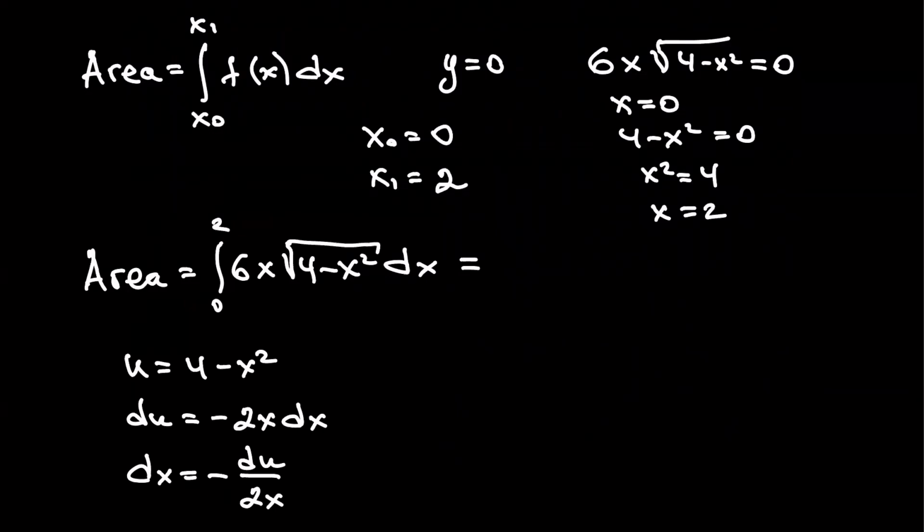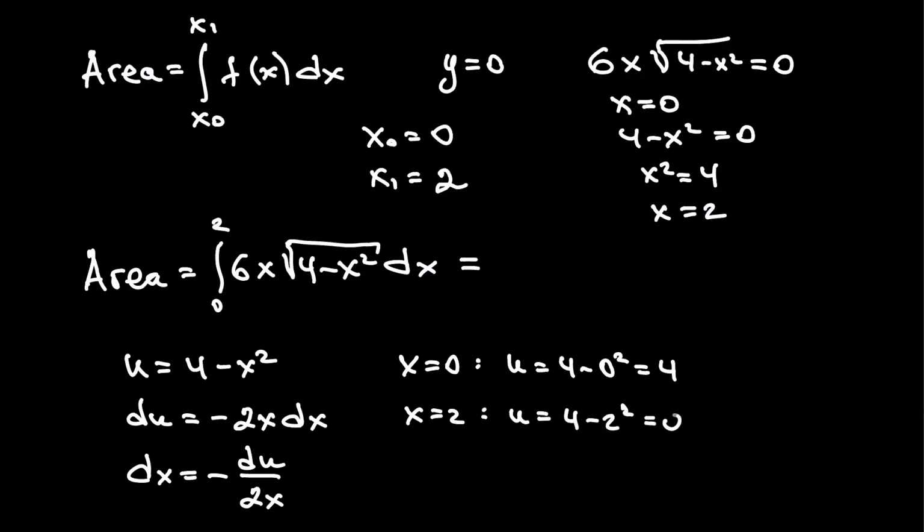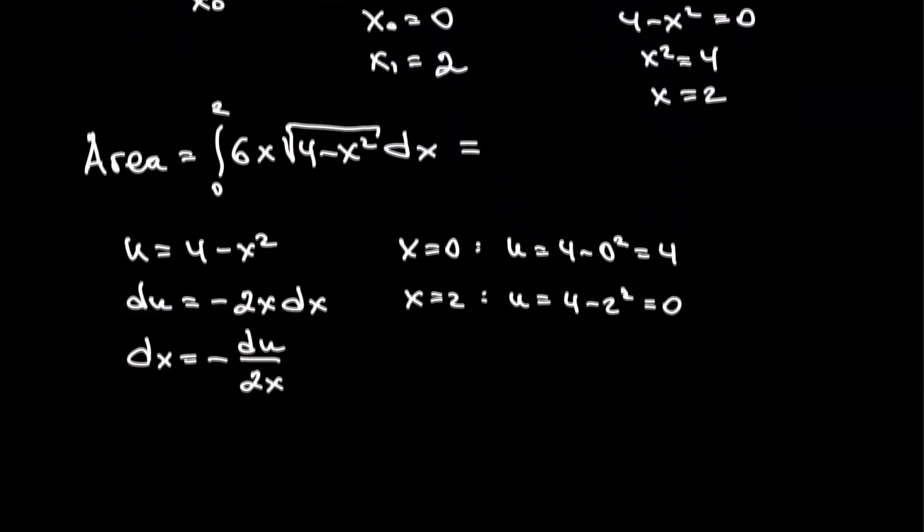Before we plug in the values, we need to find the limits of integration. For x equals 0, u equals 4 minus 0 squared, which is equal to 4. And then for the upper bound, x equals 2, u equals 4 minus 2 squared, which is equal to 0. So the lower bound is 4 and the upper bound is 0.